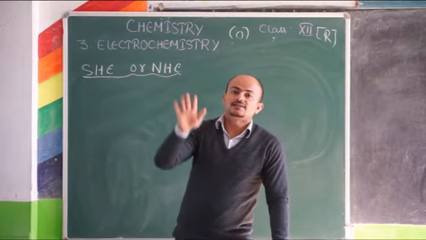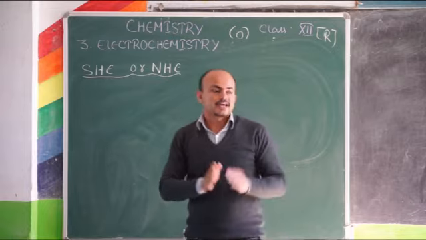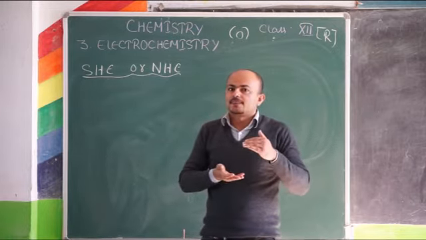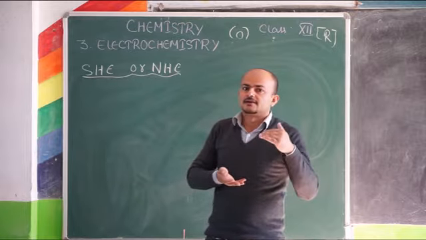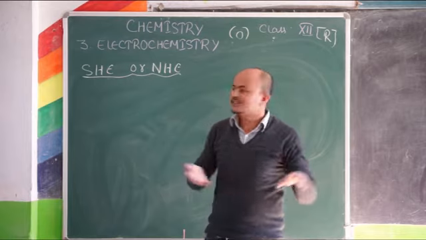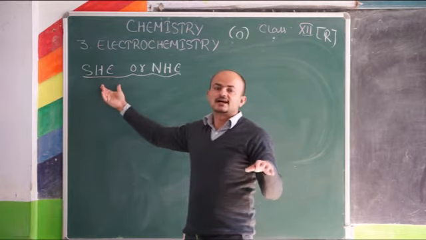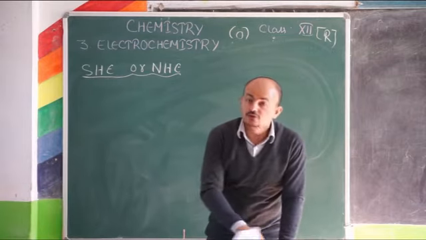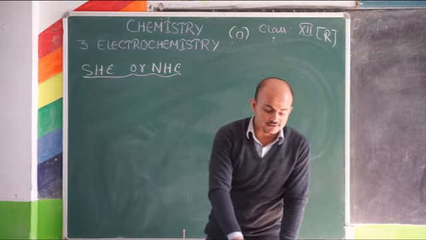So it has to be compared with that. Then we say that some half cell has more potential, the others have less potential. So this SHE, the standard hydrogen electrode, is used as a reference electrode. Please remember that. In the book you have the definition. You have to remember this.